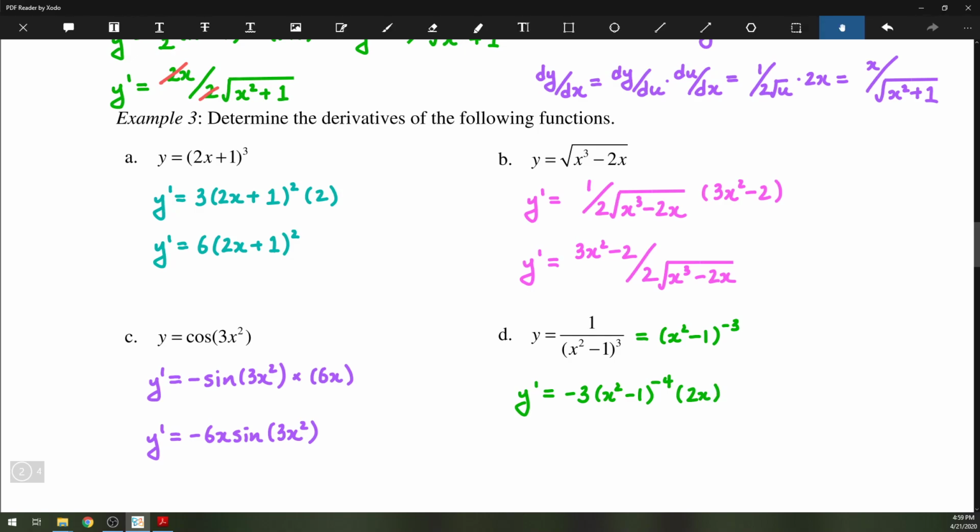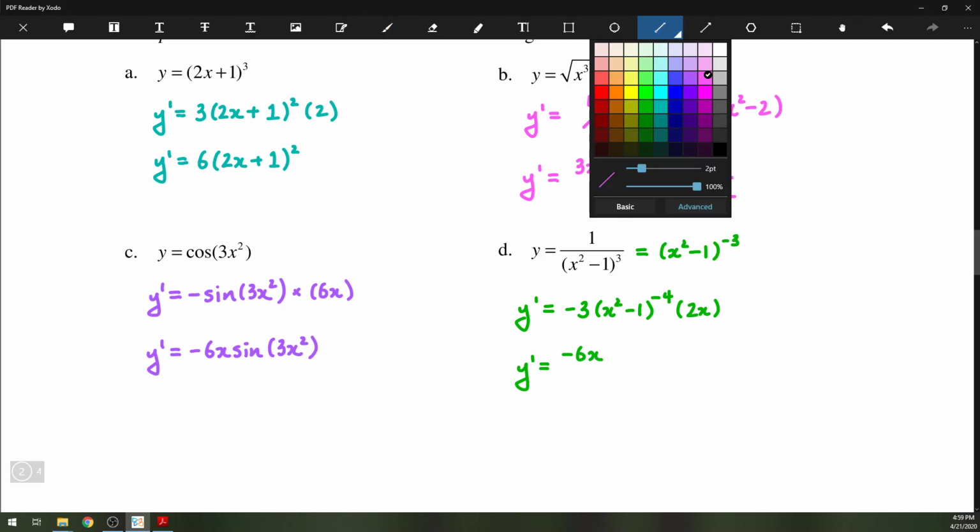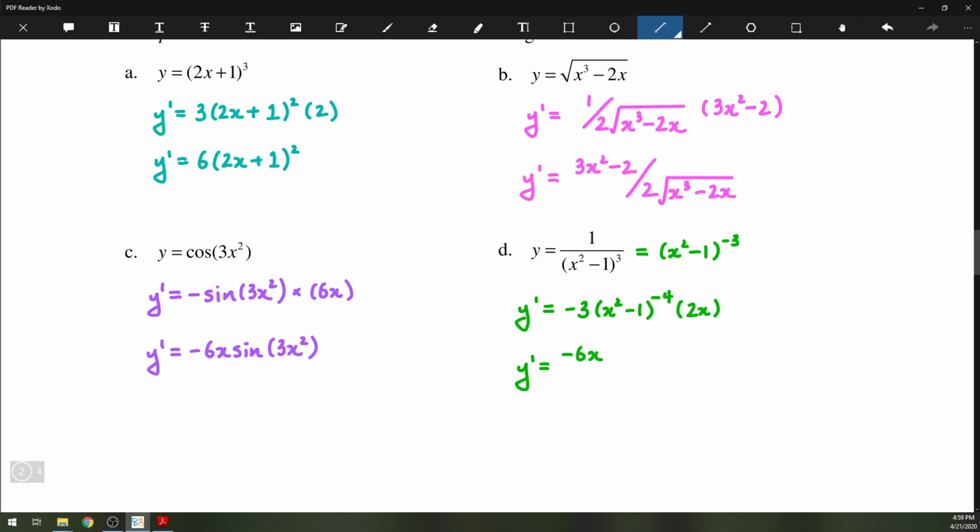Afterwards, we can multiply everything out and put things in the numerator and denominator respectively. So negative 3 times 2x is negative 6x, and the negative exponent we can put in the denominator, so that would be all over x squared minus 1 to the 4th power.